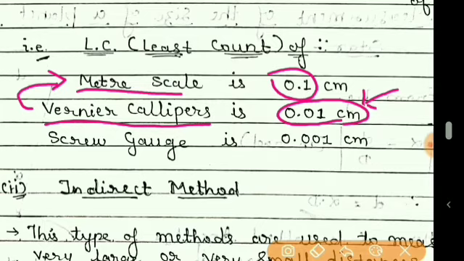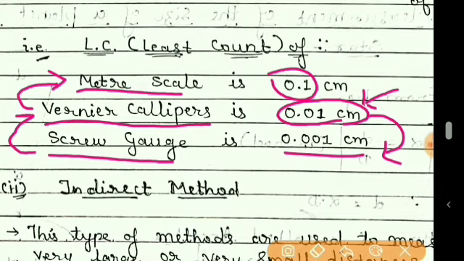Now if we talk about a screw gauge or a micrometer screw, then even this micrometer screw can measure 10 times smaller than the vernier calipers.